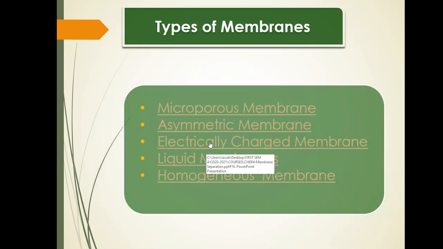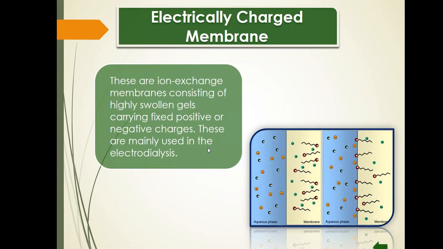Now, the next is the electrically charged membrane. So the electrically charged membranes are those membranes which consist of highly swollen gels, and these have ions. So ion exchange membranes consisting of highly swollen gels carrying fixed positive or negative charges.